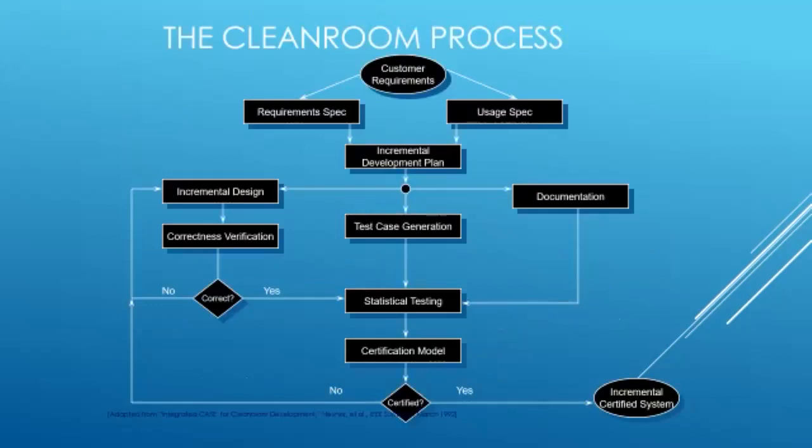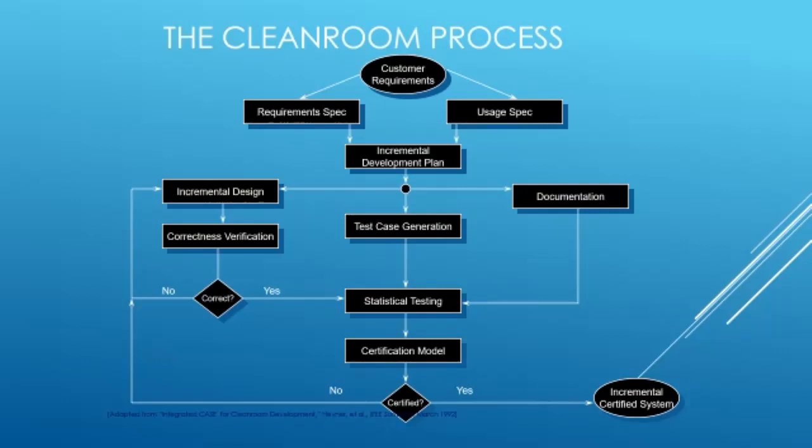Friends, here in the clean room process many activities are carried out in step-by-step format and all are connected to each other through the diagram. The first activity is customer requirements, where requirement specification and usage specification, customer requirements are divided into these two.